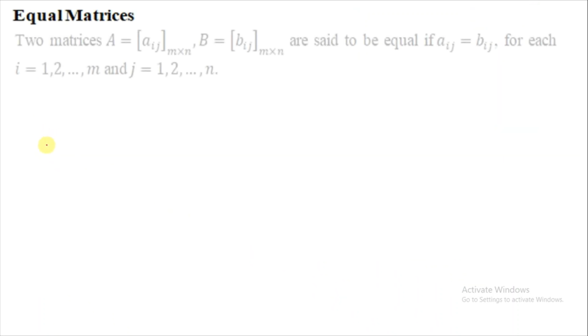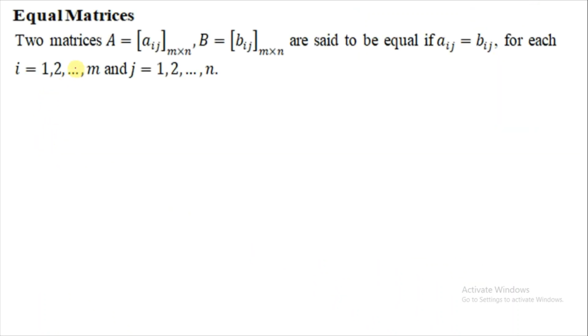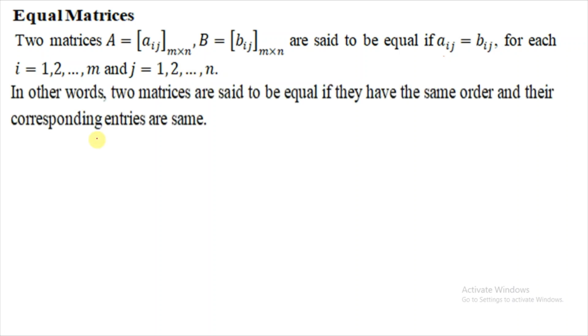Now, equal matrices. When do you say two matrices are equal? Two matrices A and B in Mmn, so same order matrices, are said to be equal if Aij equal to Bij. That means each element is the same, for each i equal to 1 to m and j equal to 1 to n.